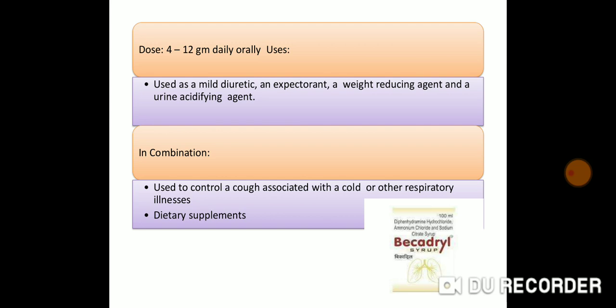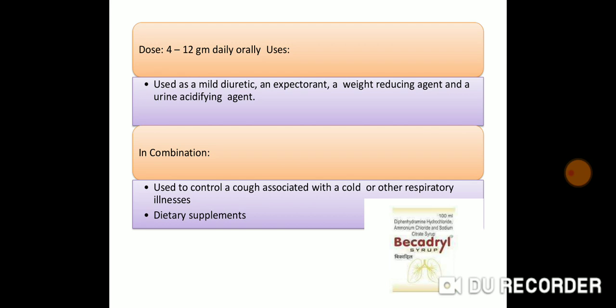Uses. Ammonium chloride is used as a mild diuretic. It is also used as an expectorant, a weight reducing agent and a urine acidifying agent. Ammonium chloride is used in combination to control a cough associated with a cold or other respiratory illness, and in dietary supplements.